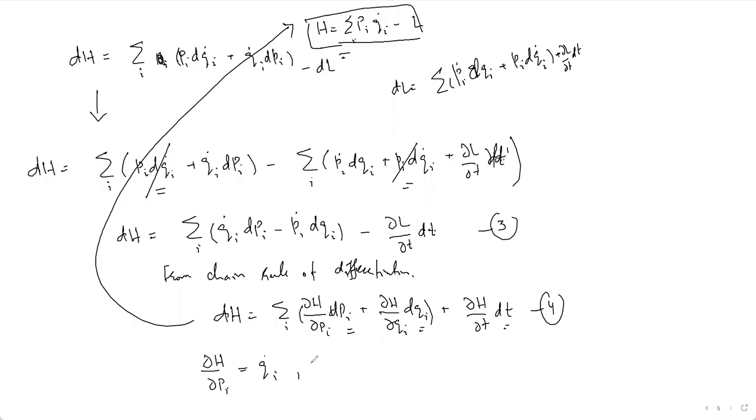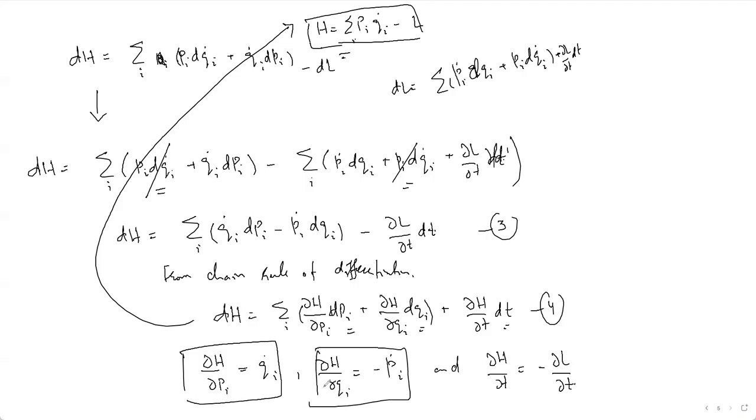Then partial H by partial q_i will be equal to minus p dot i, and partial H by partial t will be equal to minus partial L by partial t. So this is the one, this is the two, and these equations must be very familiar to you. This is what we call Hamilton's equations of motion, right?